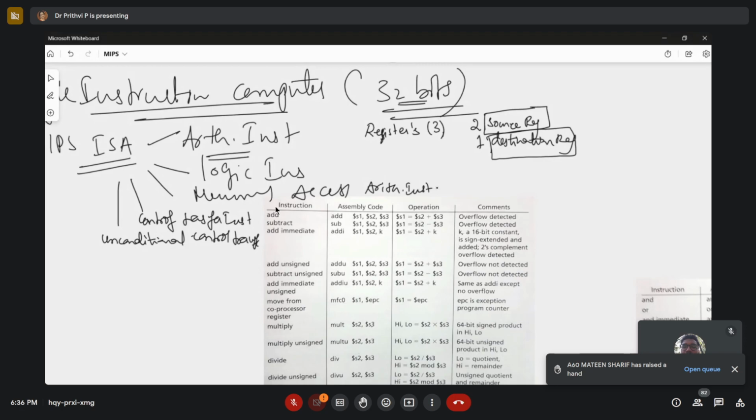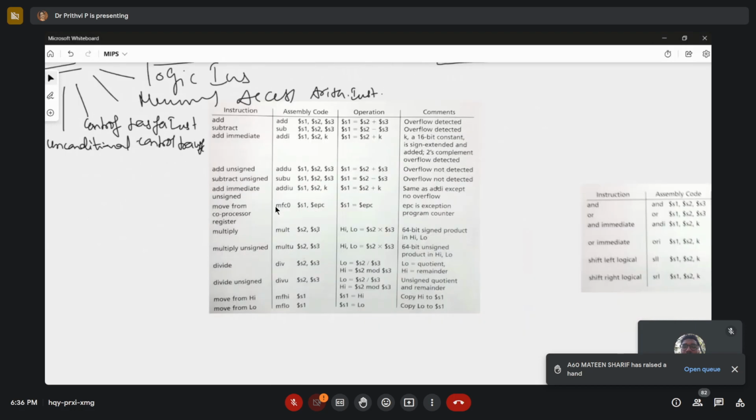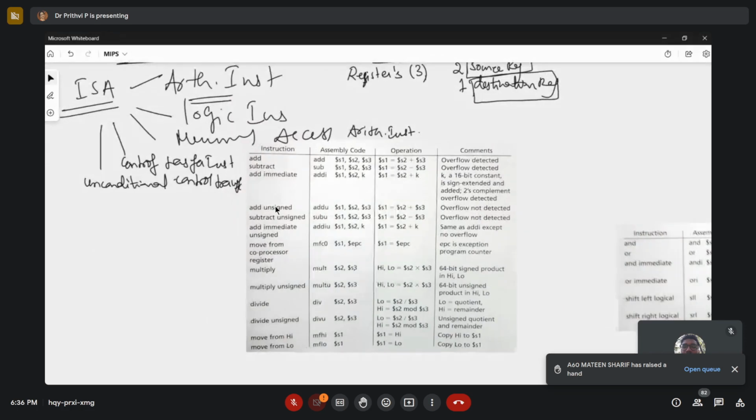Now see, this is the set of arithmetic instructions you have. This is the table I'm showing here now. Every instruction is 32-bit length.